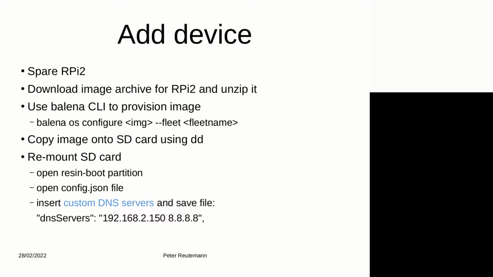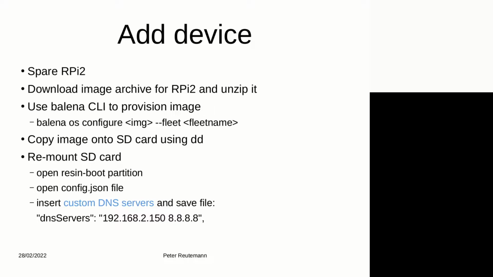So I had a spare Raspberry Pi 2. You can go to their website and download one of the many base images that they provide and maintain. Download that, unzip it, and then you can use the Balena command line interface again.